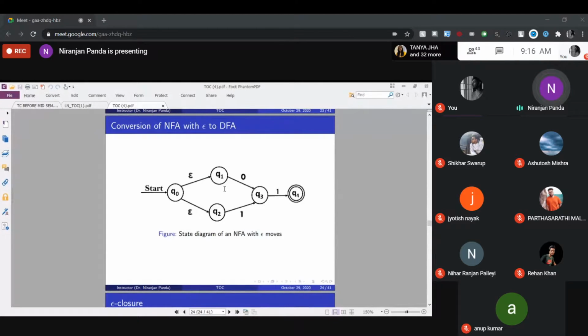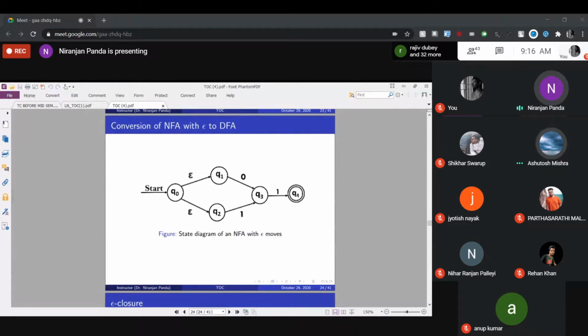Let this be an NFA. Is this an NFA or DFA? NFA, sir. How do you know? How can you justify it? Sir, because it is going from Q0 to Q1 with epsilon.